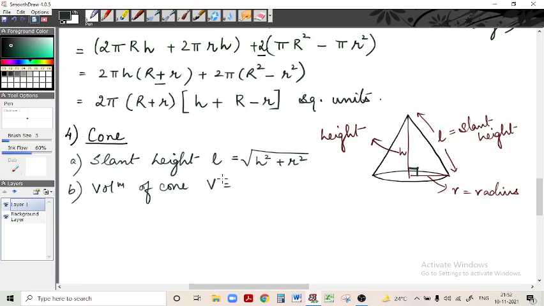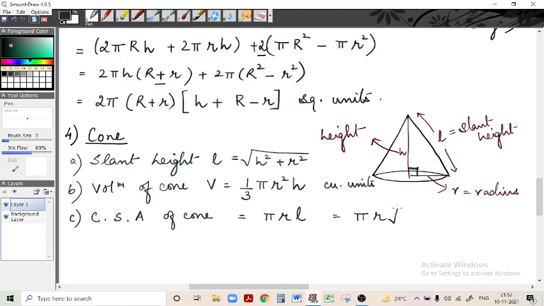Next is curved surface area of cone, which equals pi r l. And L is what? So it is pi r under root of h square plus r square, square units.